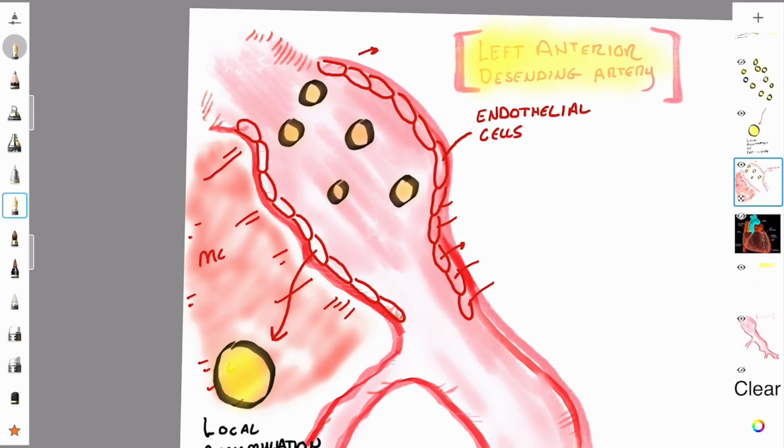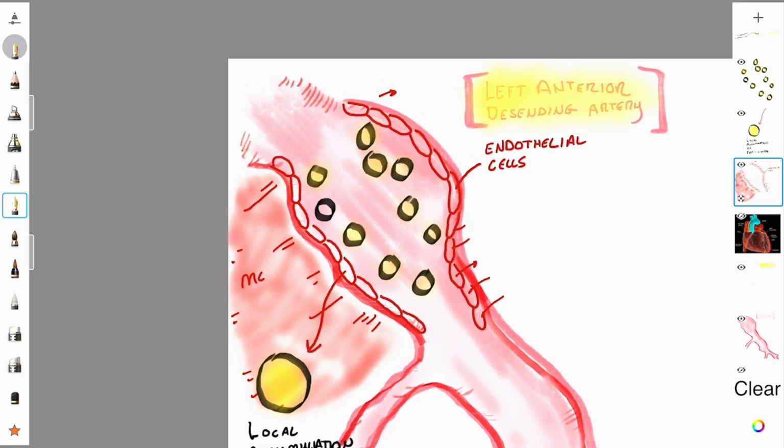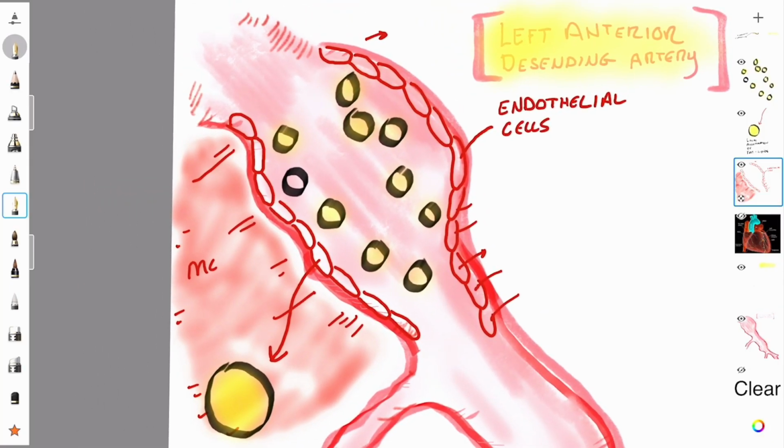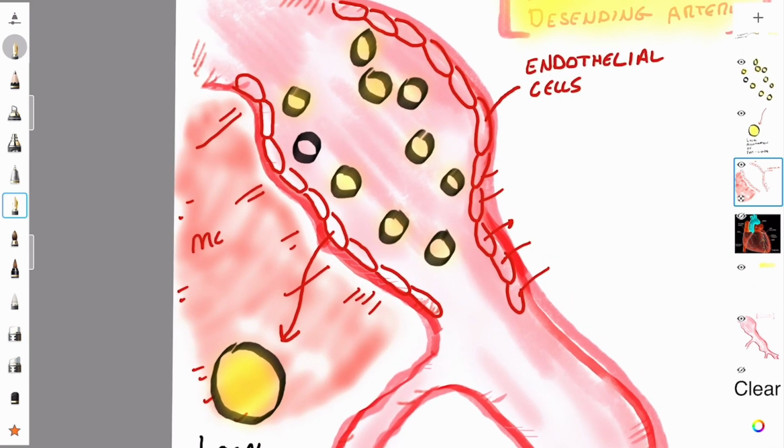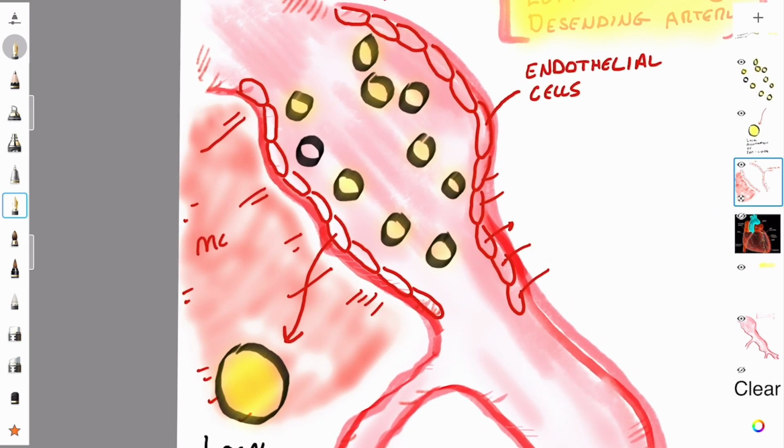So let me clear this off. Okay, here we go. You can see now that these LDLs are in circulation. They are in the coronary artery, and these are going to interact unfavorably with these endothelial cells. Like I said, the first hit is the presence of these elevated LDLs.